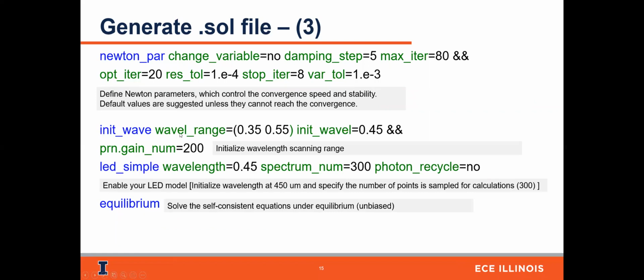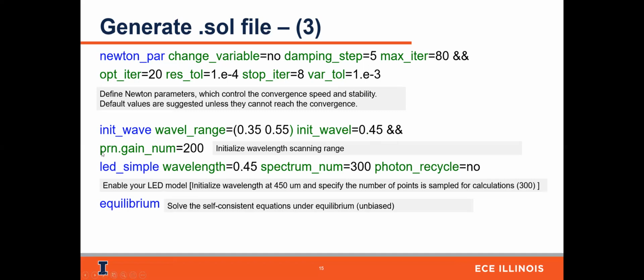And we know that this is for blue LED. So the wavelength range should be around 350 nanometer to 550 nanometer. And the initial wavelength is in between this value. So we set 0.45, which is equivalent to 450 nanometer emission.